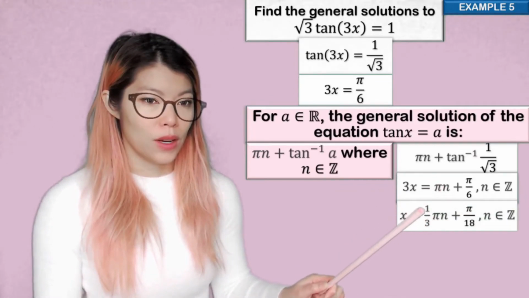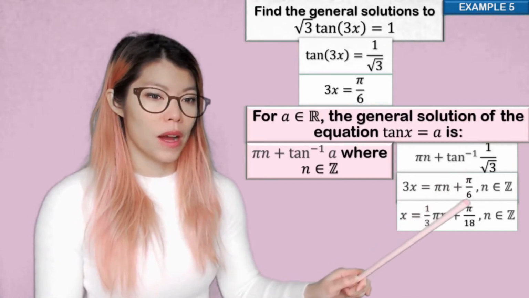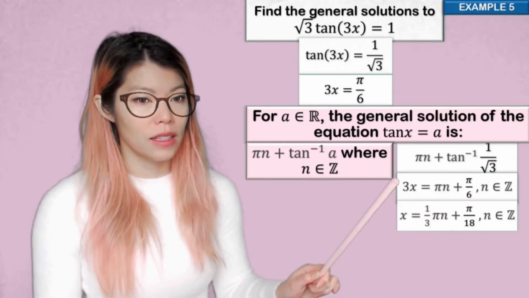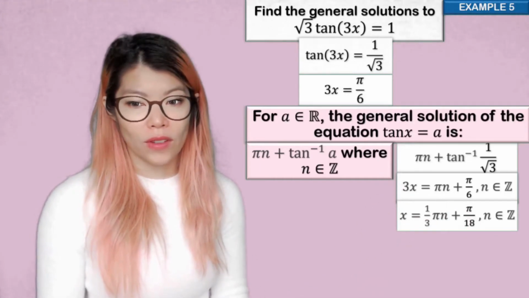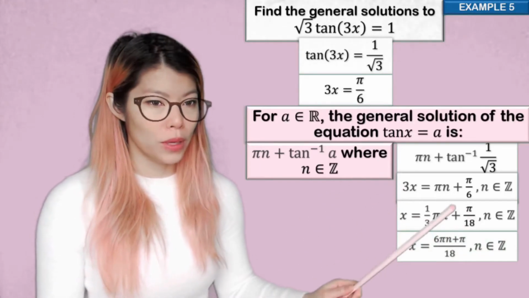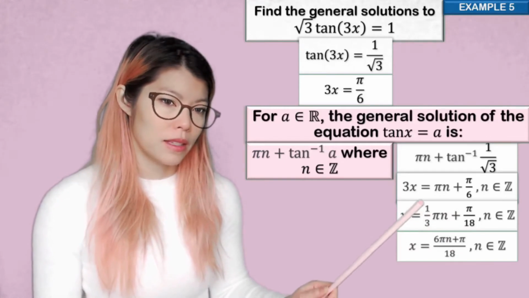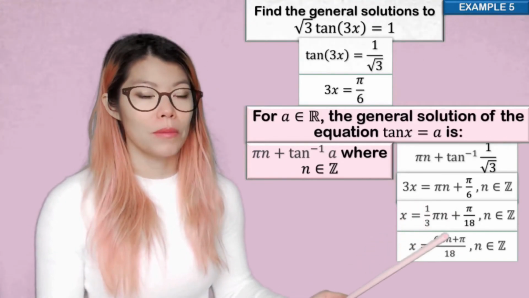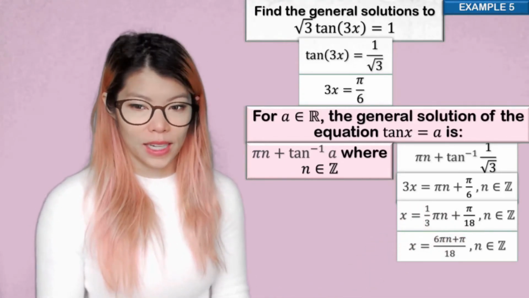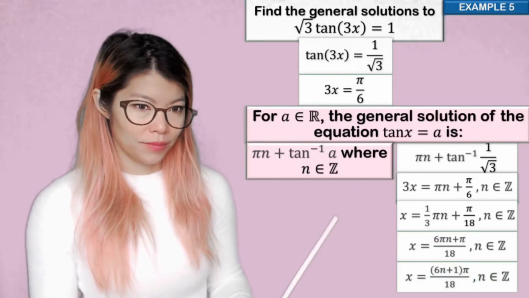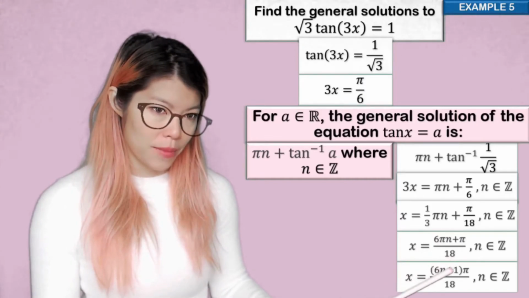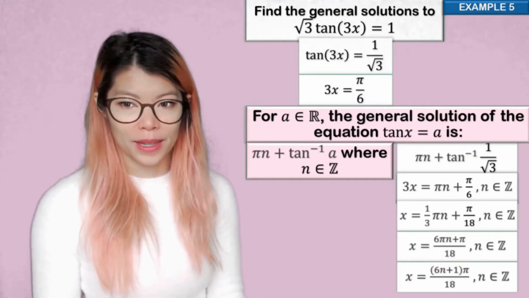So we have pi n over 3, and pi on 6 divided by 3 is pi on 18, since 3 times 6 is 18. And we're going to join them to have a single denominator to make it look prettier. By multiplying this side by 6 over 6, we have 6 pi n plus pi over 18, where n is an integer.